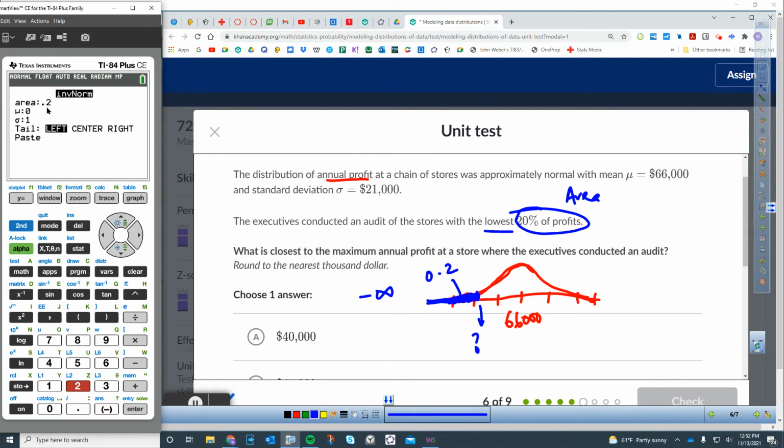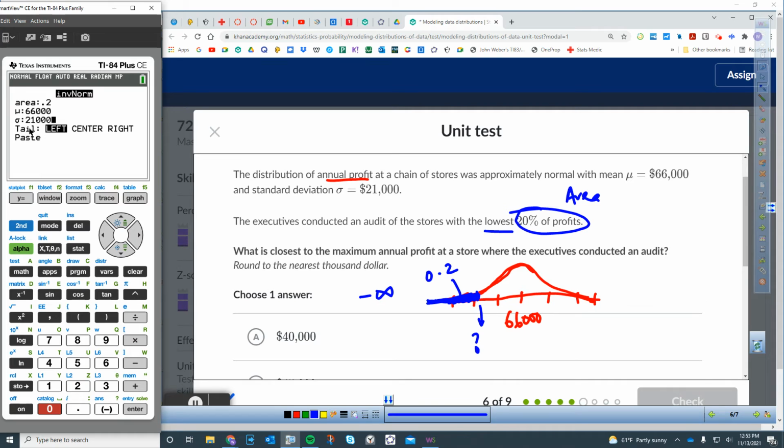For this calculator to work, it always counts the area from left to right. So this is 0.2, and the mean is 66,000, and the standard deviation is 21,000. And it asks you, where's the tail? Left tail, right tail, or middle?